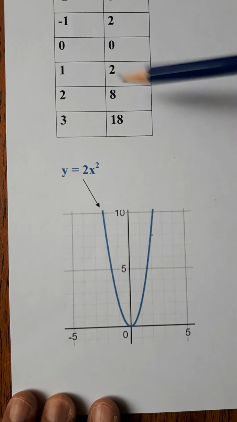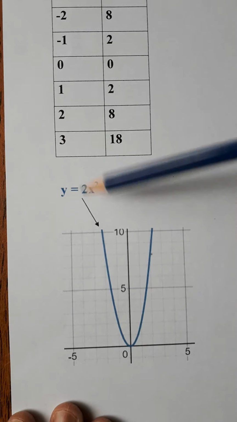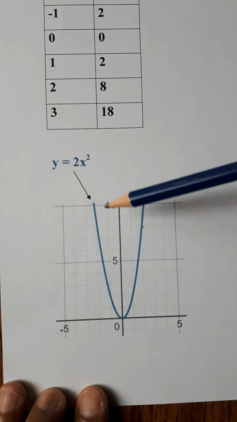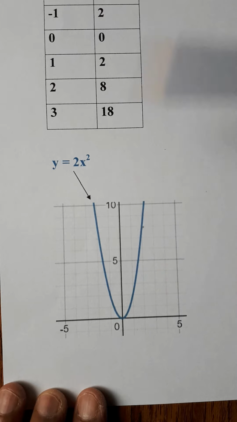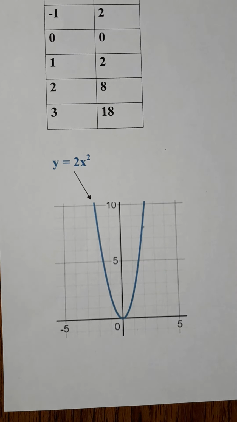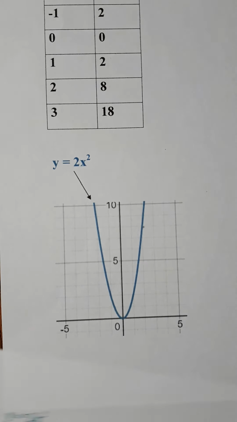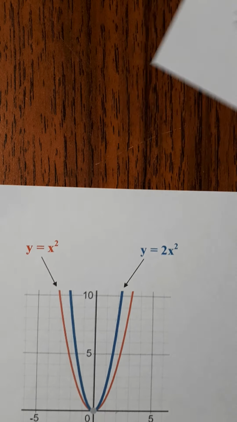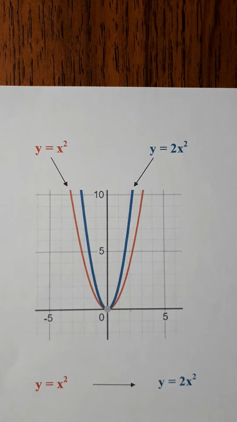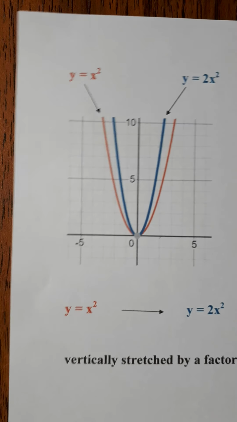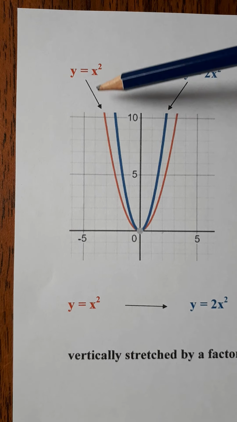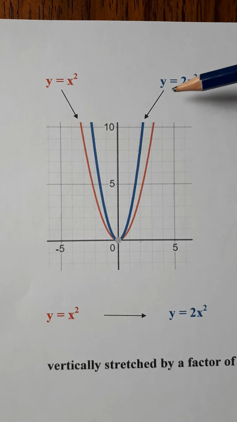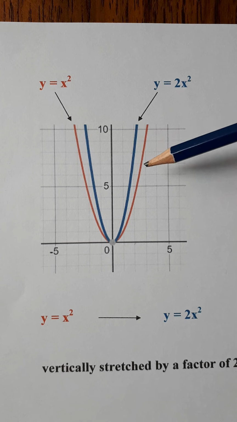So you can see that this curve is thinner than the original graph y equals x squared. I'm going to show you both curves on one graph. See the original one in red color. Always remember the original one is in red color. And this is my y equals 2x squared.